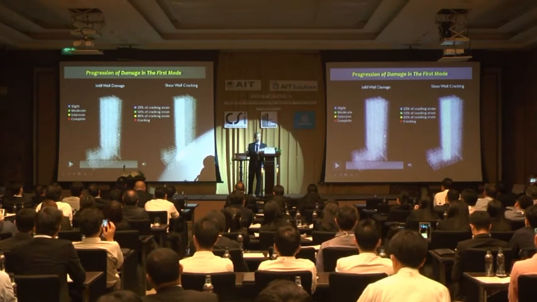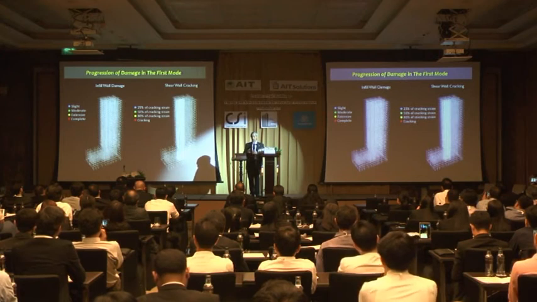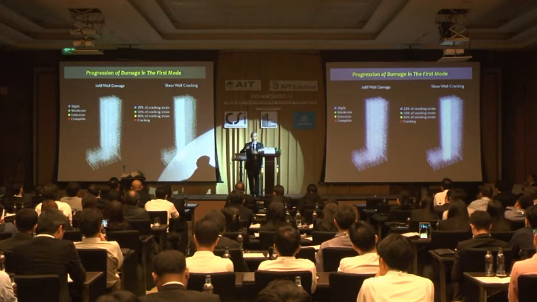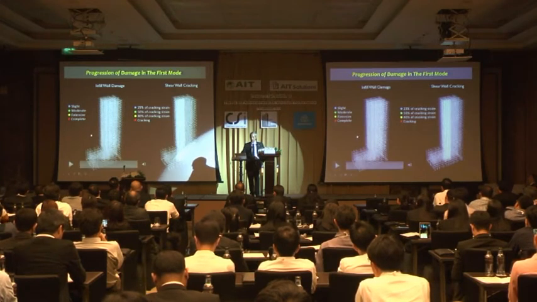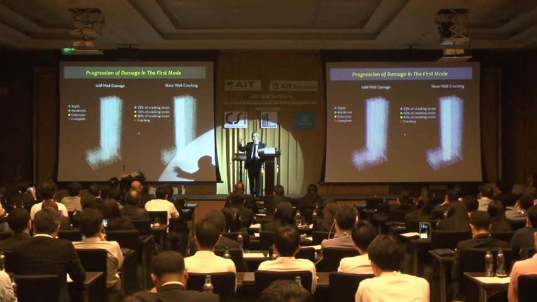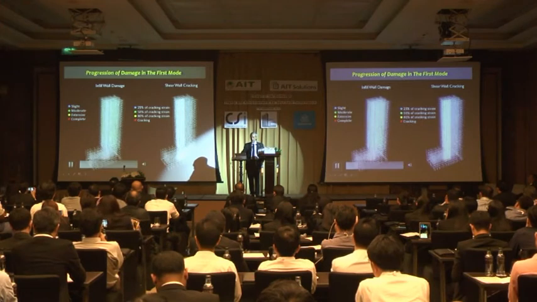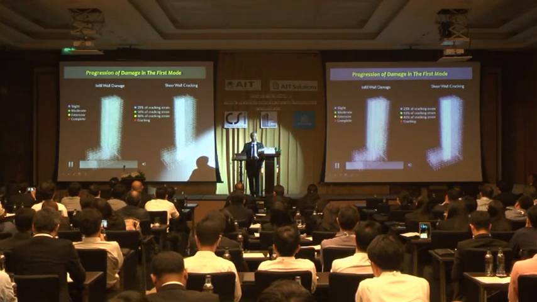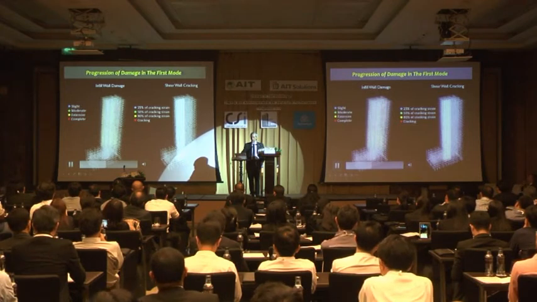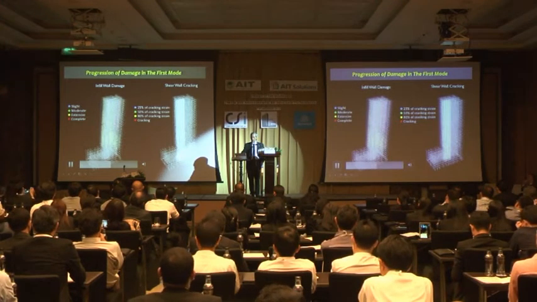Once we have a 3D model of the structure, it's not just vibration properties, but you can also calculate what the damage will be when the building sways or vibrates in each mode. For example, if the building sways in the first mode, we will see damage to infill walls throughout the height of the tower, not much in the podium, more on the top and propagating downward to the base.